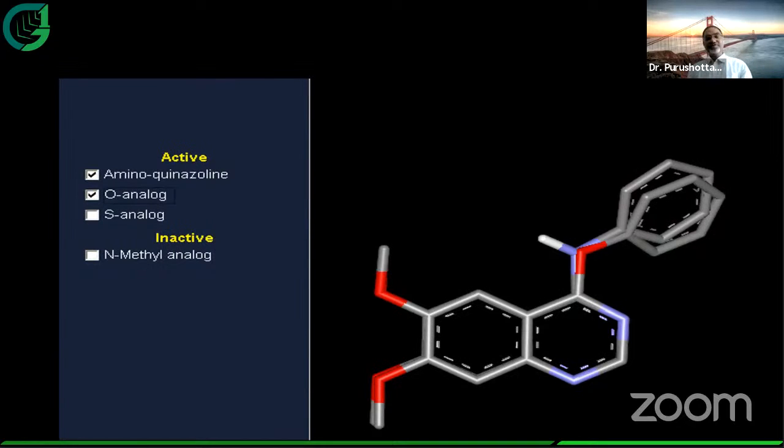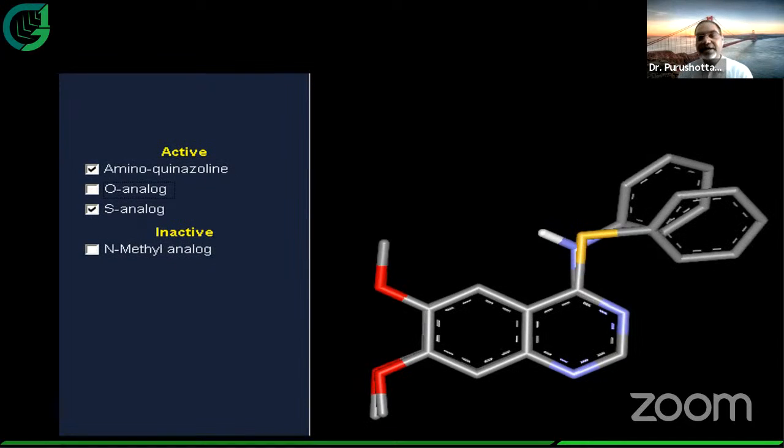You see that the O analog is superimposing near to perfection with the aminoquinazoline moiety. Look at how these structural changes are causing configurational or geometrical changes in your molecule. The next analog we will superimpose is the S analog.